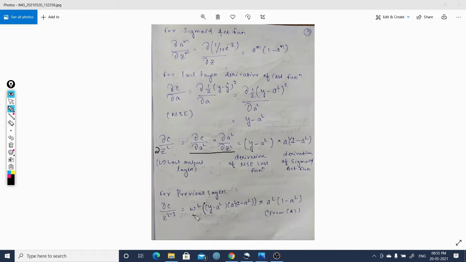Here we just apply all the values that we got from the derivative of the activation function and the derivative of the loss function. We just have to apply the formula in that particular equation. So let's see practically how it happens.